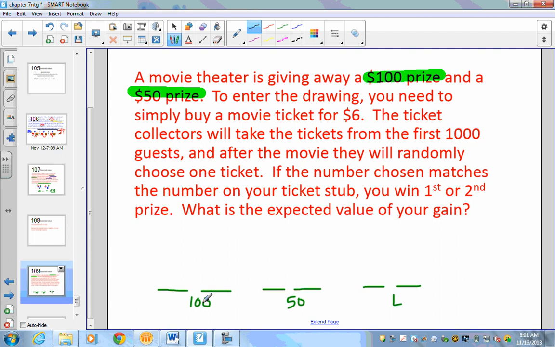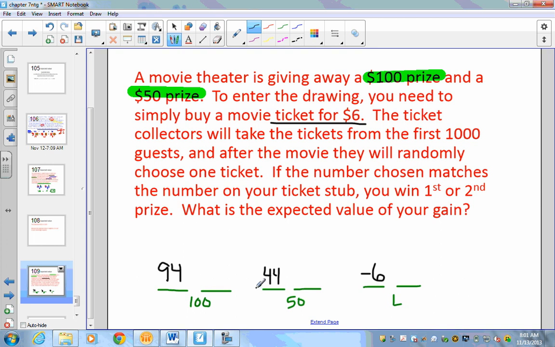Well, yes, but you have to assume that you already purchased a ticket for $6. So your $100 prize has actually gone down to 94 because you're already $6 invested. The $50 one will be 44. And if you lose and never win anything, it'd be -6.